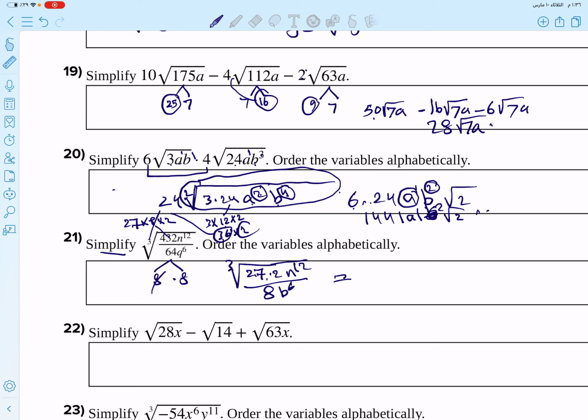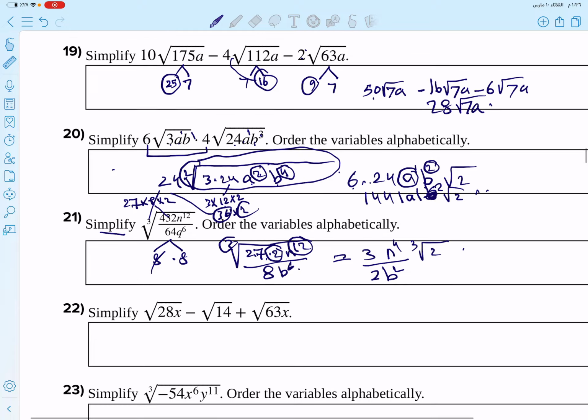About 27, well, the cube root of 27 is 3. N to the power 12, so n to the power 4, because the power is divided by the index. Over 8, 2 p to the power 6, p to the power 2. Now I just have the number 2 here, the cube root of 2.